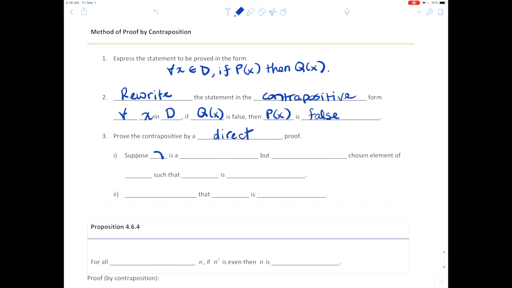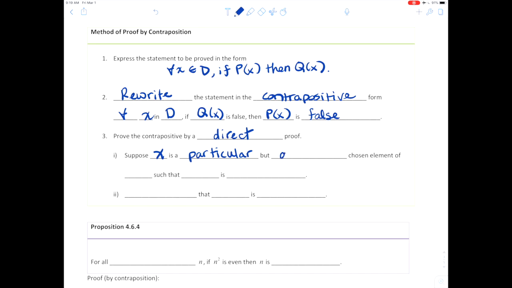So, suppose x is a particular, your author emphasizes this a lot. People don't generally write this in proofs, but you need to know that when you're supposing n belongs to the integers or x belongs to the real numbers or something like that, it's a particular but arbitrarily chosen element of the domain, because any element of the domain needs to work if a theorem is to be true.